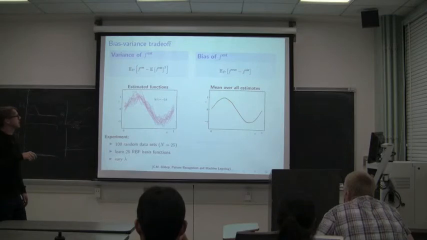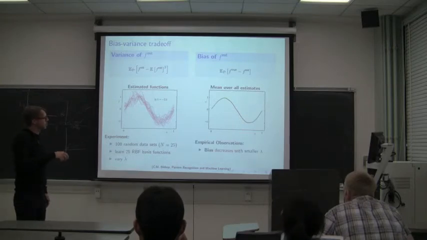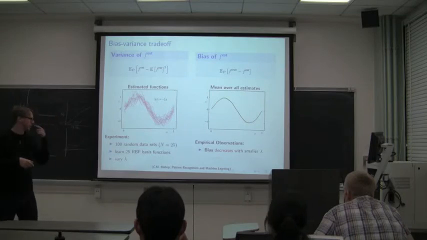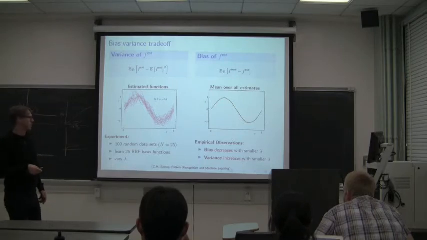And if we still decrease the lambda, we get even less bias. We get 0 bias at some point, but the variance goes up. The observation is that bias decreases with smaller lambda, or increases with larger lambda, and the variance increases with smaller lambda, or decreases with larger lambda.